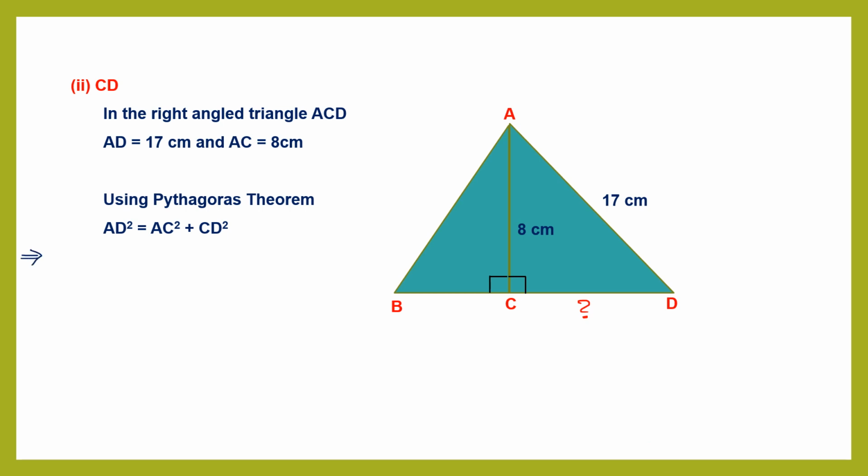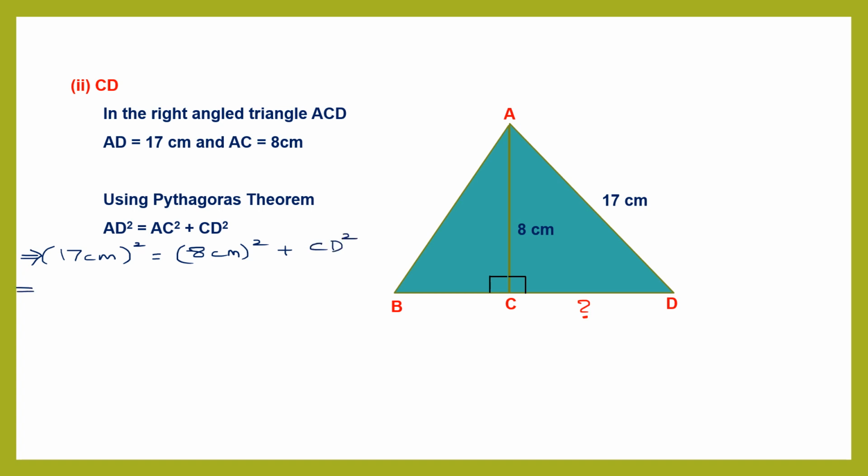So let's substitute with the values given to us. AD is already given to us, so that is 17 centimeters. So that is 17 centimeters squared is equal to AC squared. Now AC is also given to us, that is 8 centimeters. So 8 centimeters squared plus CD squared. Now that is what we are going to find out.